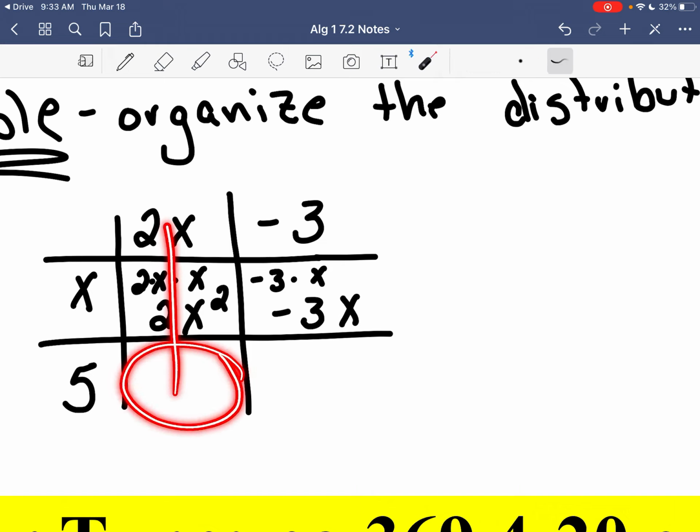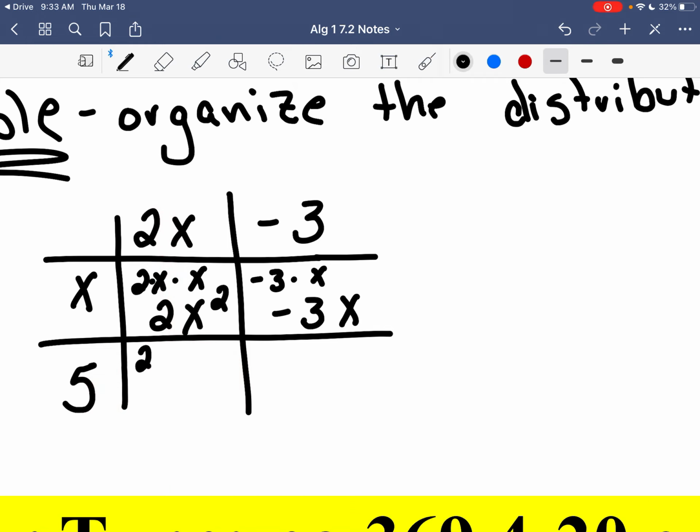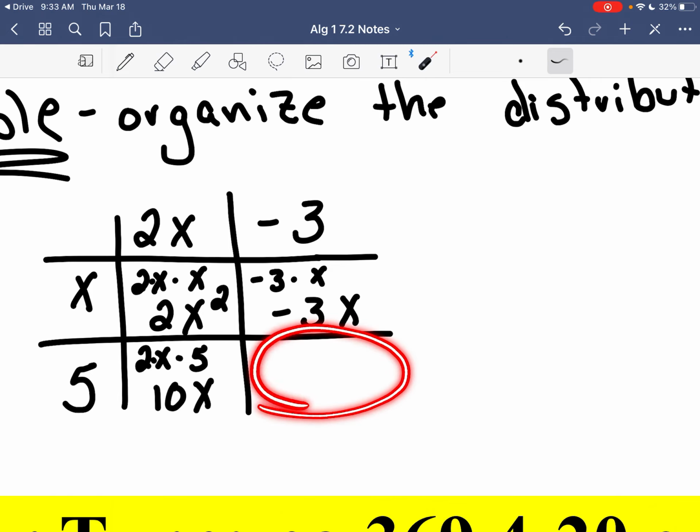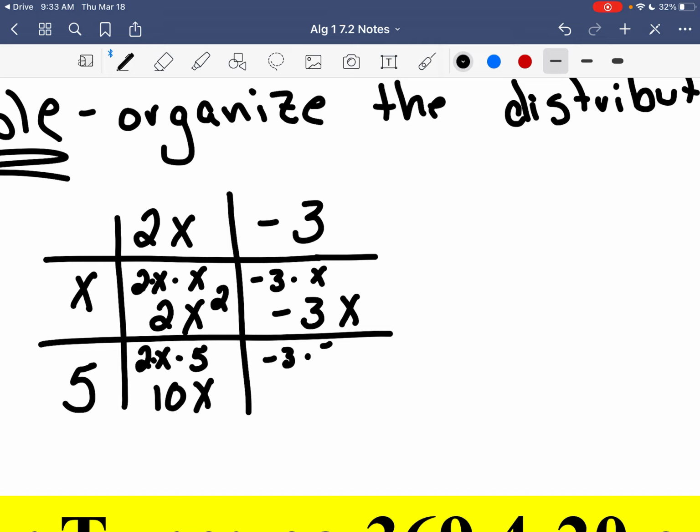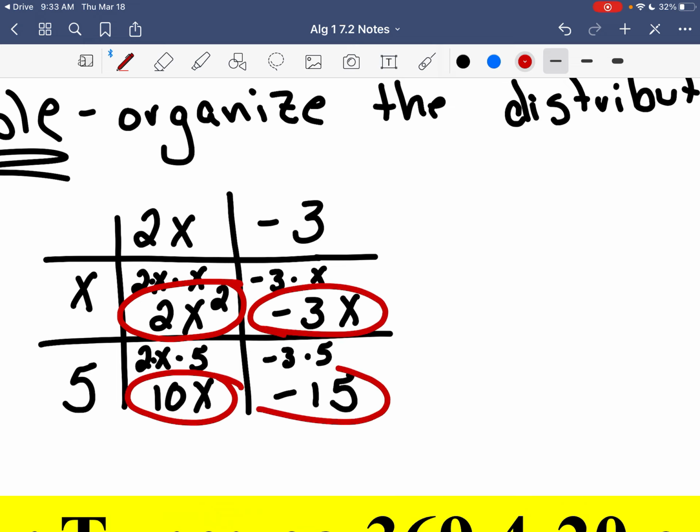This box is going to be the 2x and the 5. So here I'm multiplying the 2x times the 5, which is 2 times 5, 10x. And then here I would multiply the negative 3 and the 5, so negative 3 times 5 is negative 15. Now I look at these 4 pieces and see, do I have any like terms?